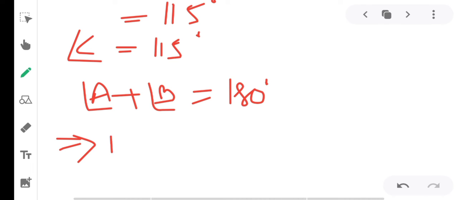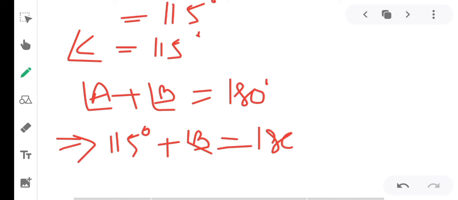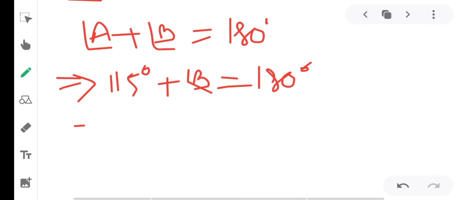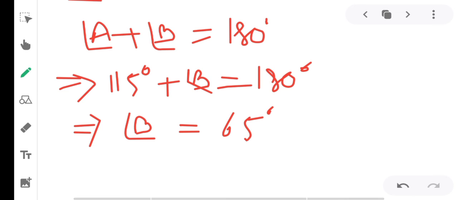Angle A is how much? 115 degrees, plus angle B equals 180 degrees. Now angle B equals how much? 180 minus 115, that is 65 degrees.